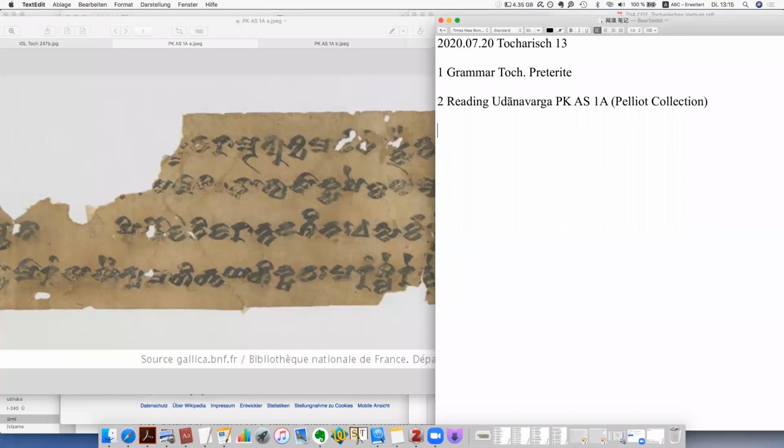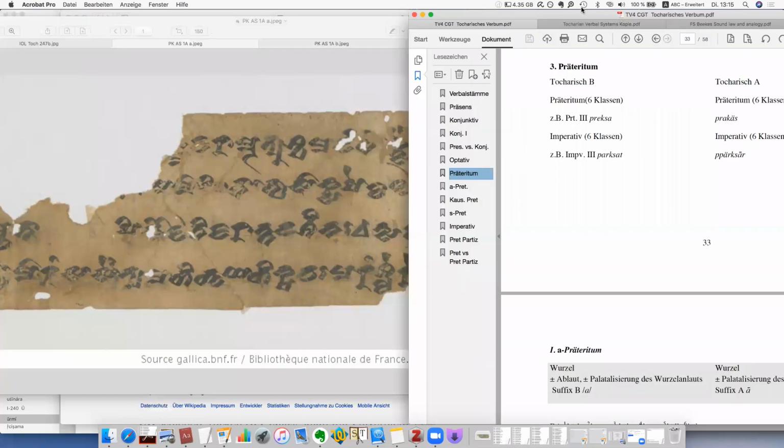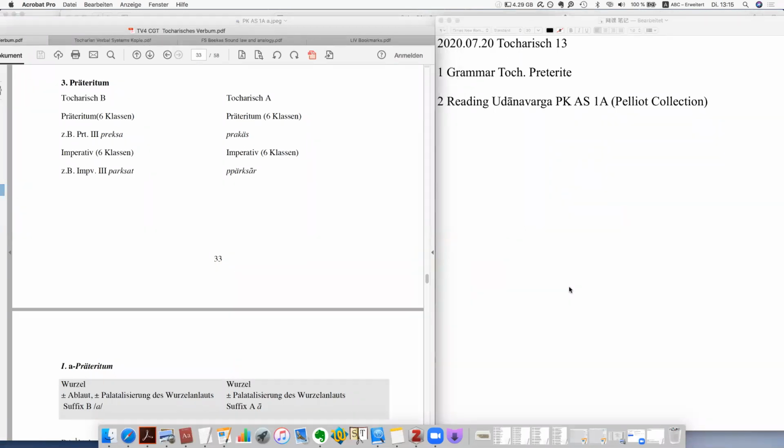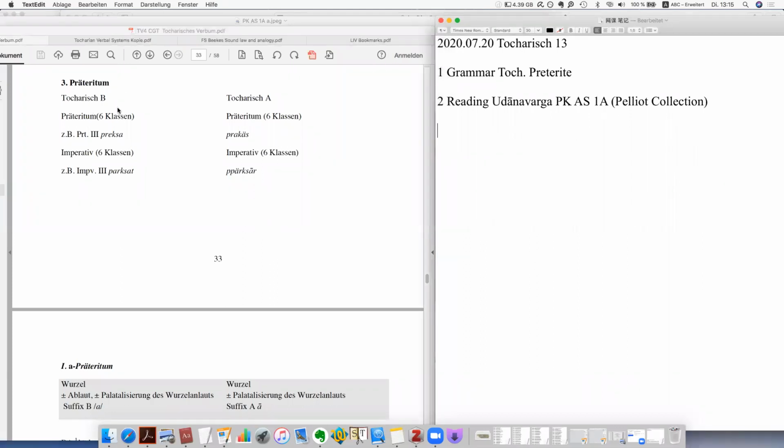Okay, let's just come directly to the topic today. So preterite, as I have explained yesterday, in Tocharian we have actually 6 different classes of preterite. Yesterday I explained the first, the first preterite.